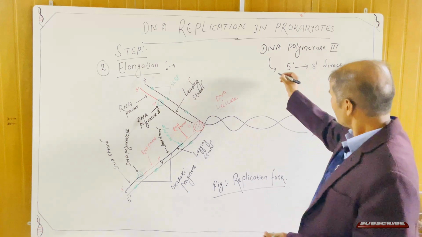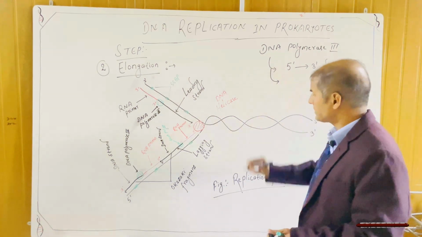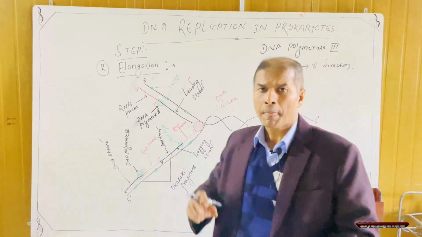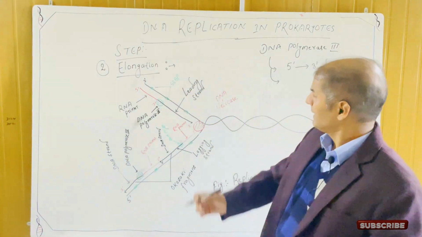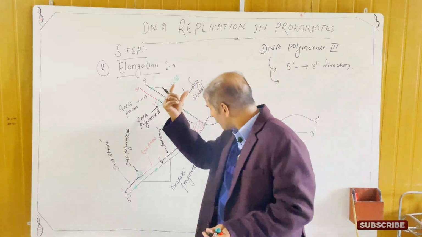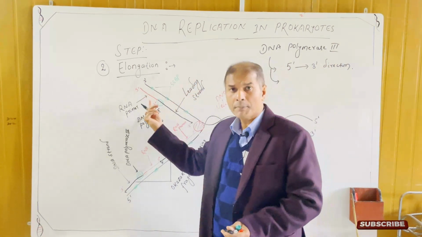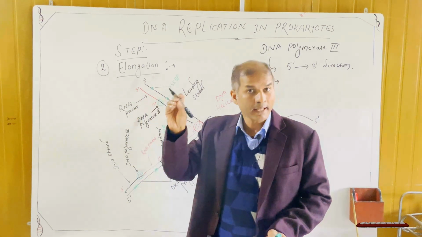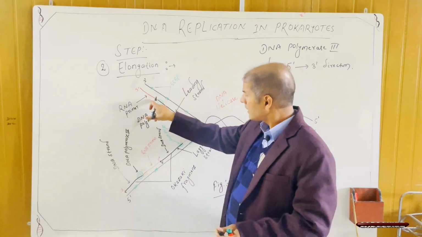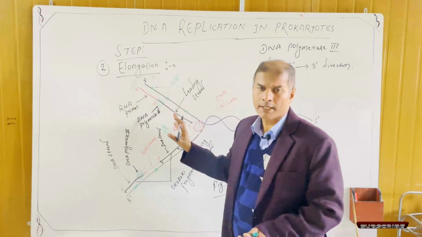Second point, DNA polymerase III cannot synthesize a new DNA strand directly. At first, there is a need for an RNA primer. Once the RNA primer is formed, DNA polymerase III can start new DNA strand formation.